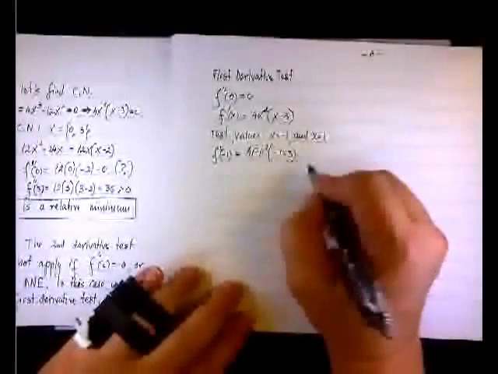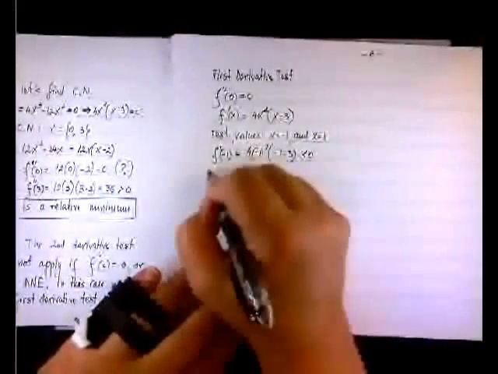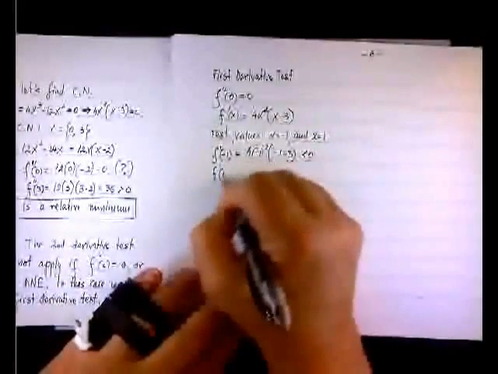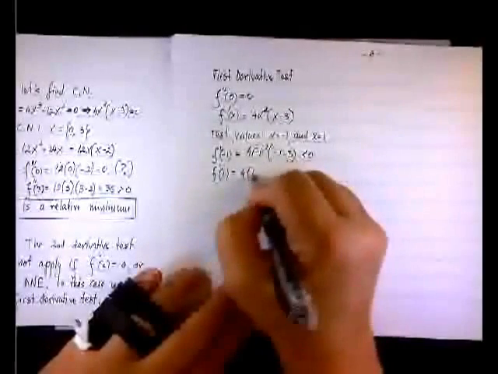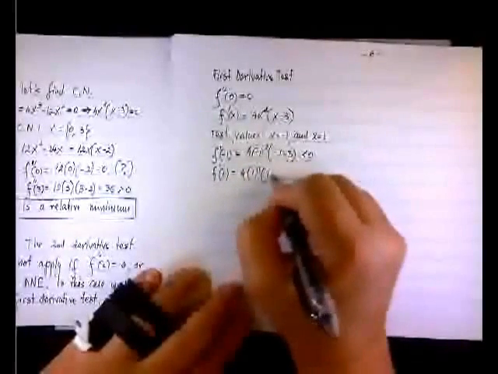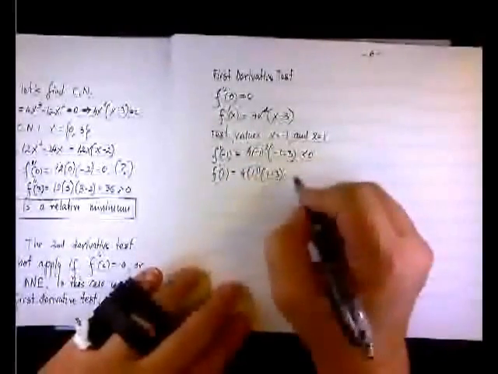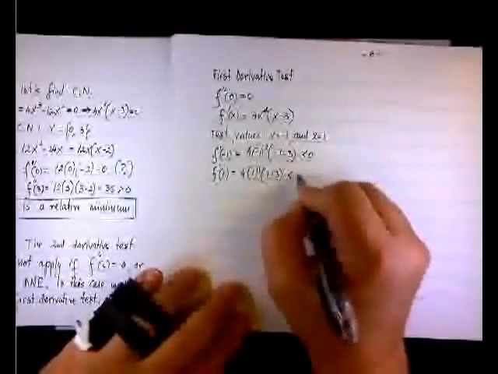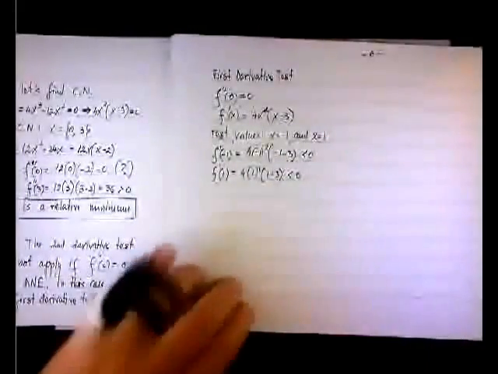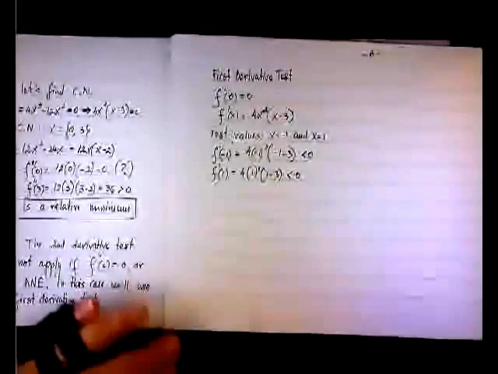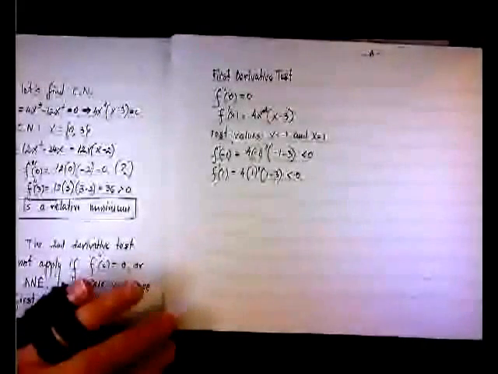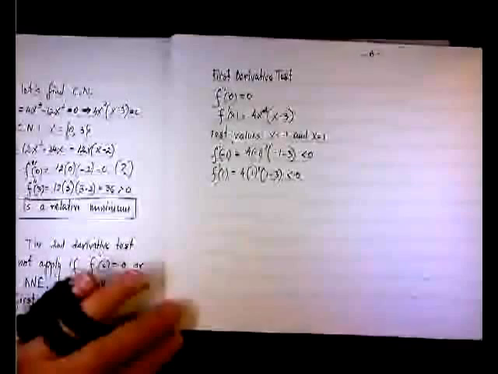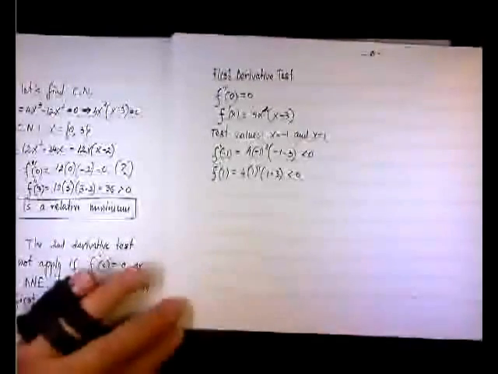Well, that will be negative, right? And at +1 we have 4 times 1 squared times 1 minus 3. It's still negative. So here we are convinced because we don't have a change of sign, the function continued to decrease.